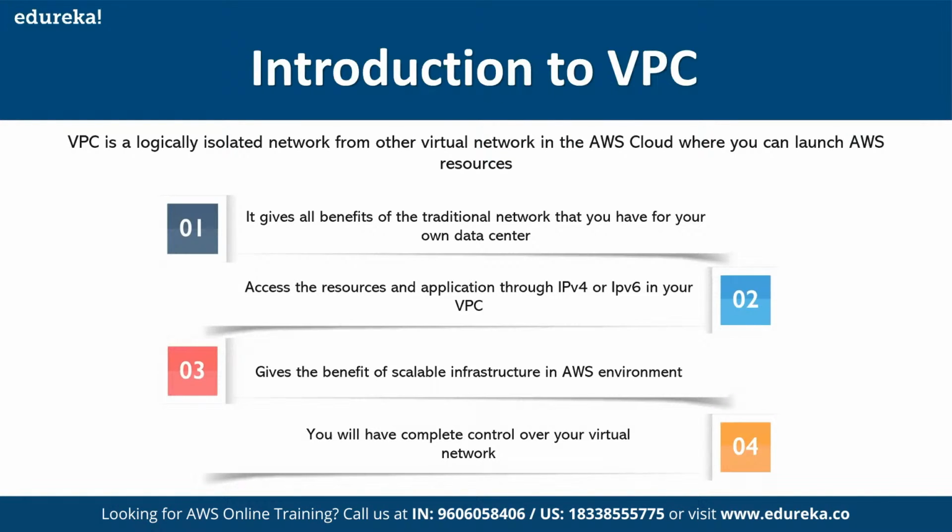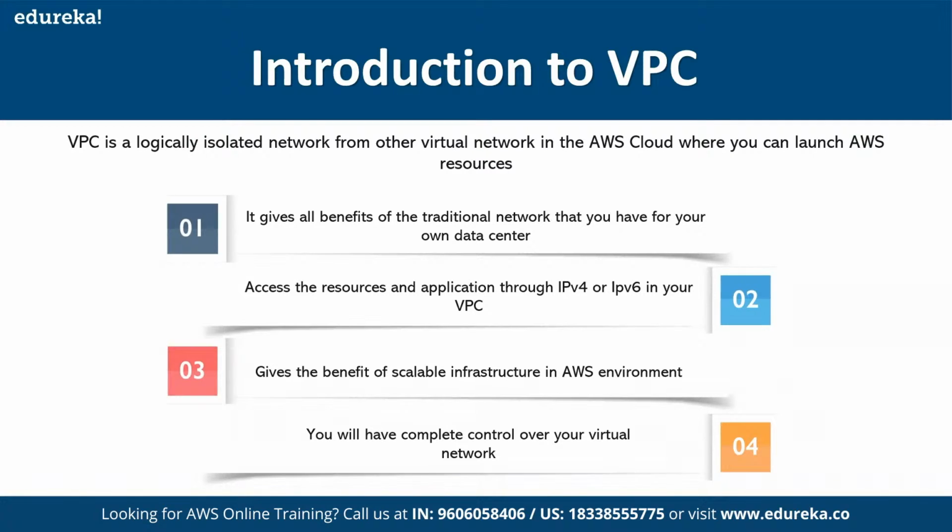Okay, so VPC is a logically isolated network from other virtual networks in the AWS cloud, where you can launch AWS resources. So this is your small area in the global infrastructure of AWS. And now you get separated from all other such private networks across the AWS.